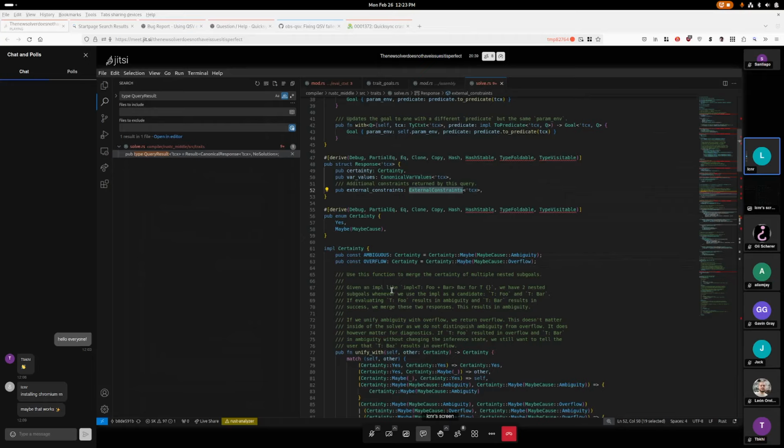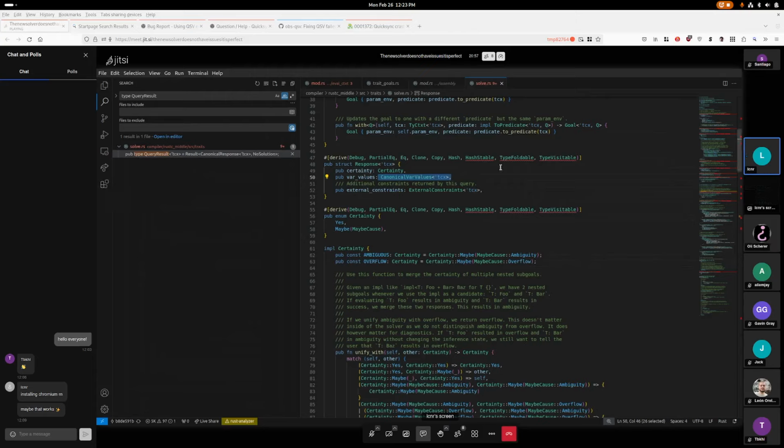So if a goal would constrain some inference variable to u32, that would be part of the canonical response using the var values, which is like canonicalization, where there should be a chapter for that in the dev guide, hopefully.